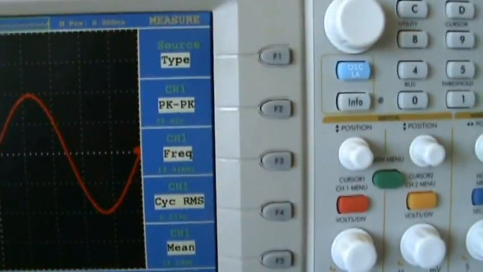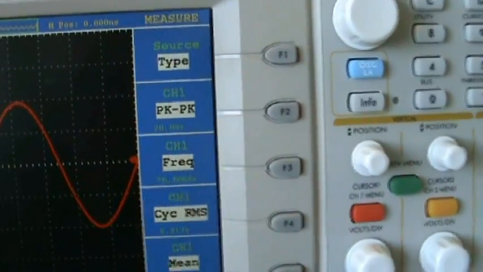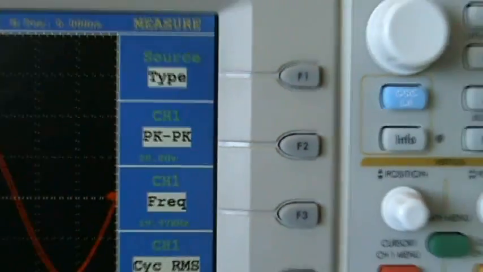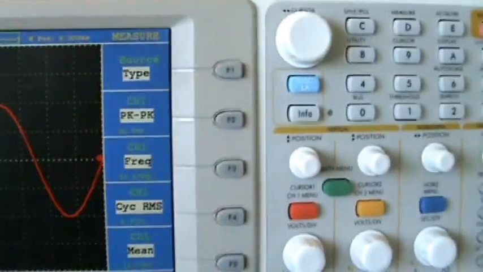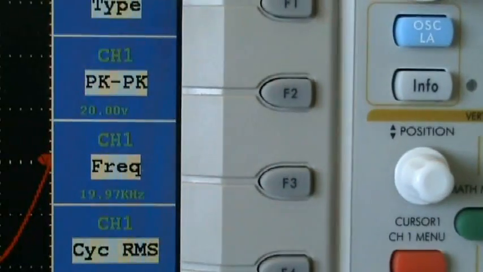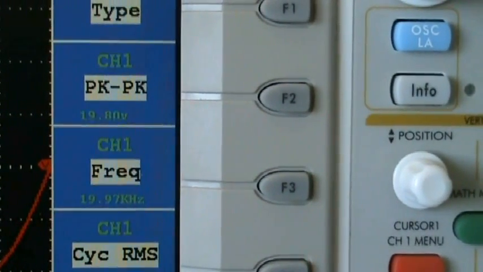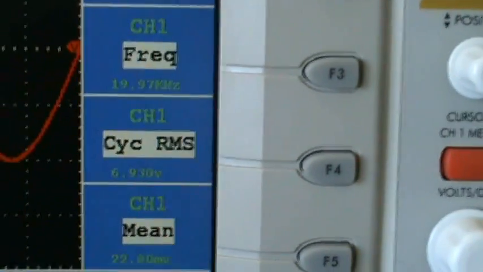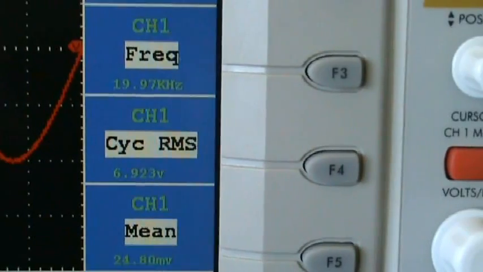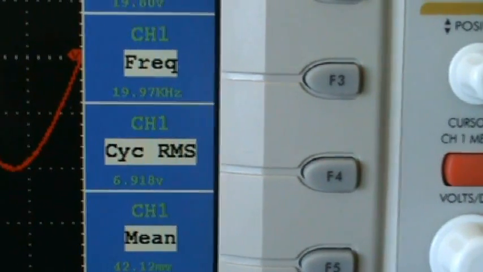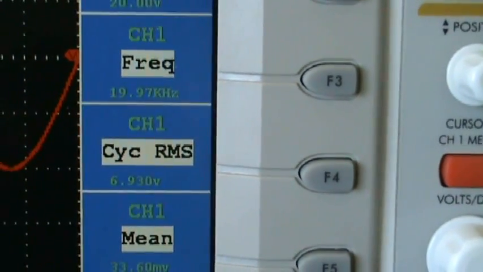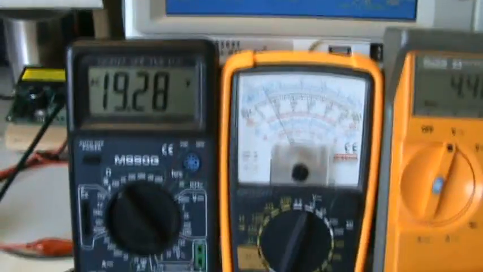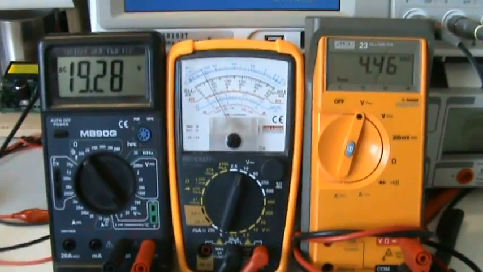To zoom in, I have a sine wave 20 volts peak to peak, which is 10 volt for one peak, and the frequency is 20 kilohertz. The RMS value displayed should be 7.07, but it's still 6.9 on my scope. But the values on the multimeters are way off.